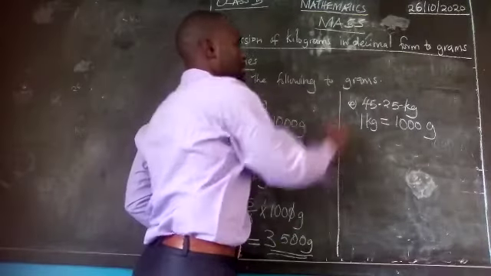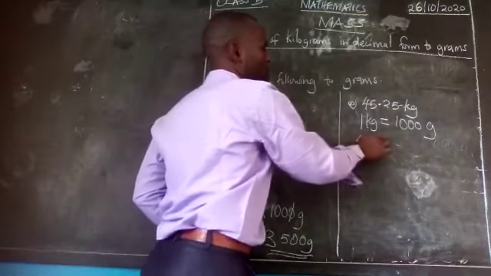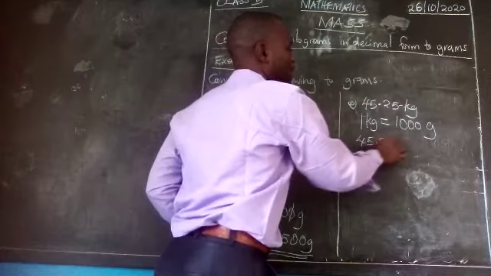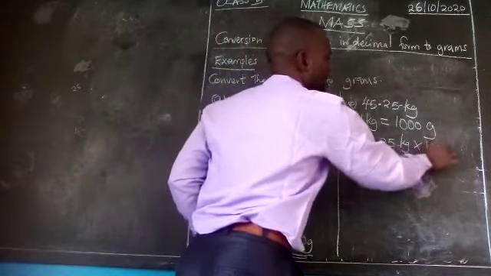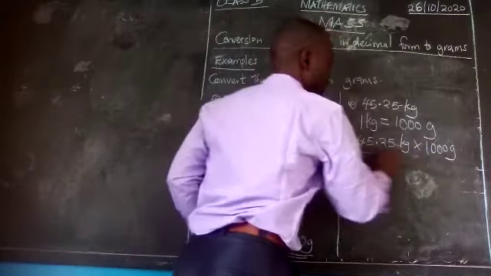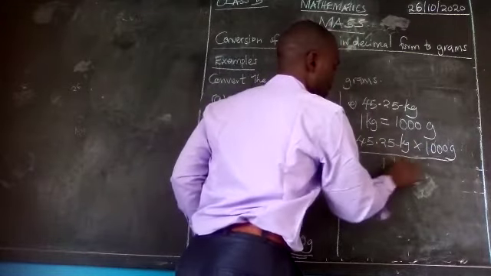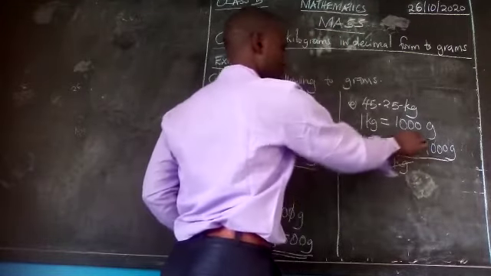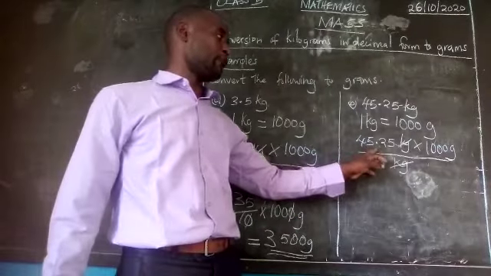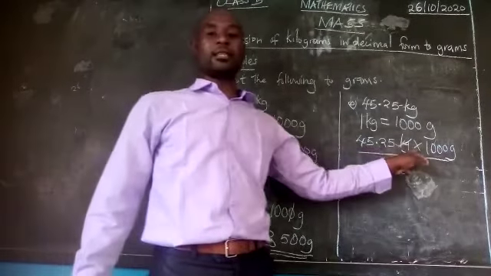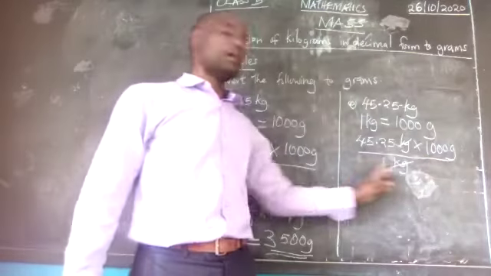Then you will say 45.25 kilograms multiplied by 1000 grams divided by 1 kilogram. So kilogram with kilogram will cancel, so that we remain with 45.25 multiplied by 1000 grams divided by 1.